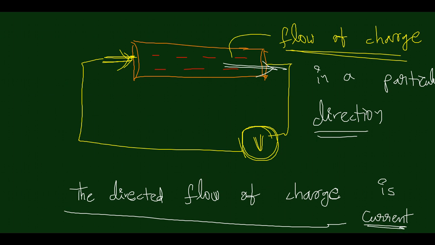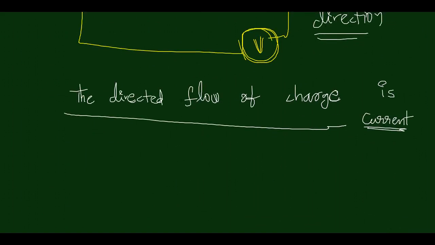How can we measure the flow? The flow will be measured with respect to time. How much charge has flowed? That's why the rate of charge flow is current.